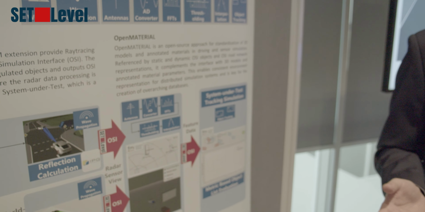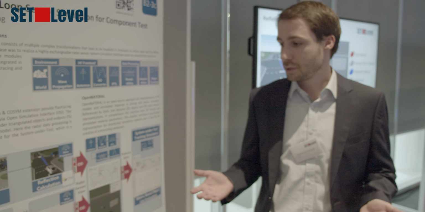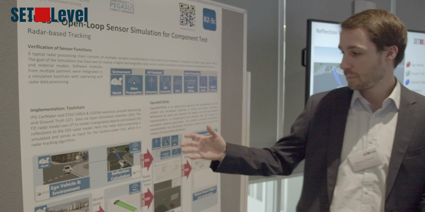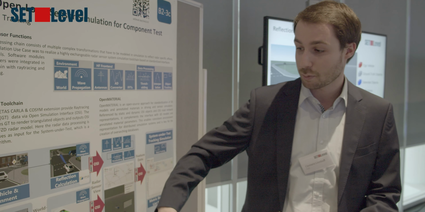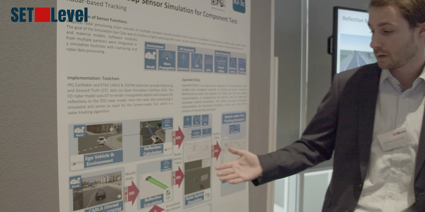So in conclusion, to sum it up, we developed a modular toolchain using different inputs, different tools, so they're interchangeable. We have IPG CarMaker, we have an open source solution, so this can be used free by anyone.